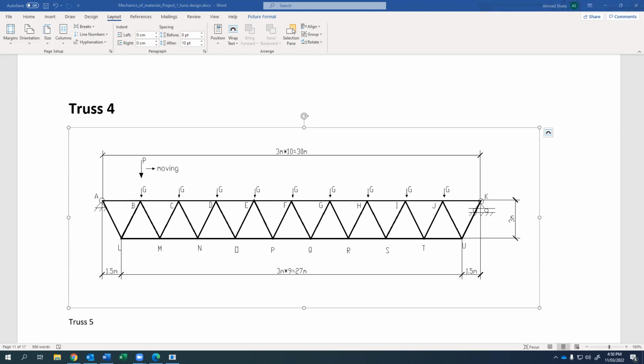Okay. I will explain what we are going to do in this truss. I will copy this truss here.